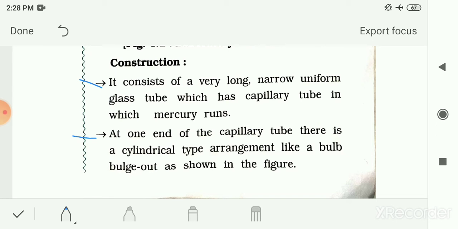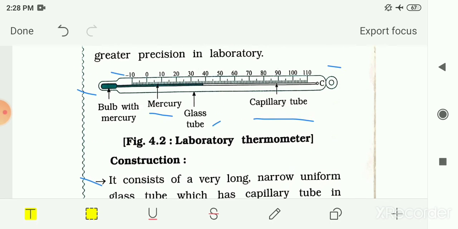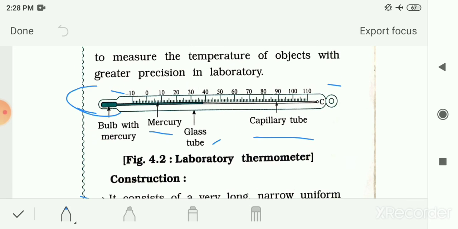And at one end of the capillary tube there is a cylindrical arrangement, like a bulb bulging out as shown in the figure, that is the bulb with mercury, in which also mercury is present.